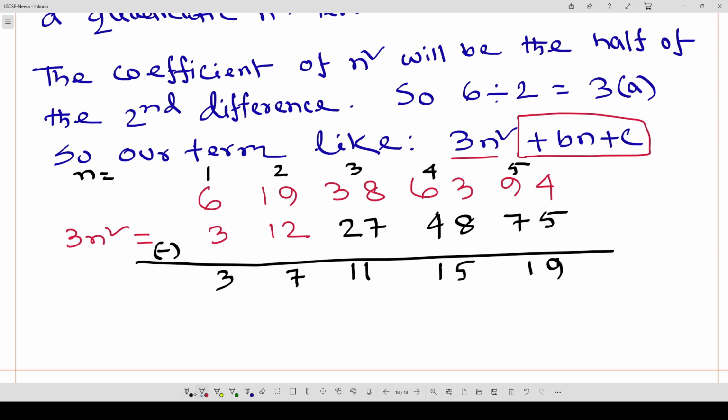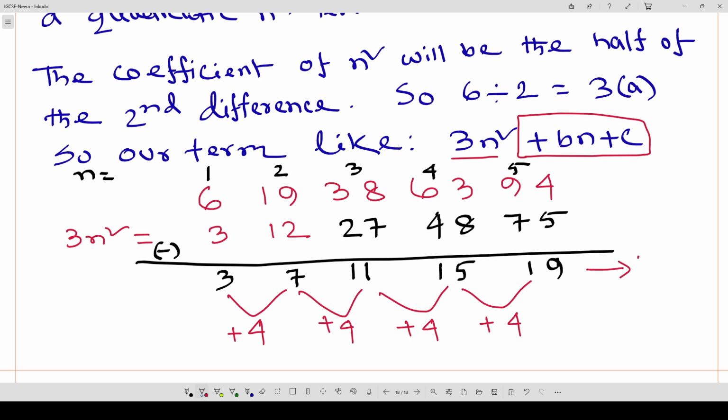Now look, here is also a difference. It's 4, it means adding 4, right? It's adding 4. So we can say this one is a linear sequence.